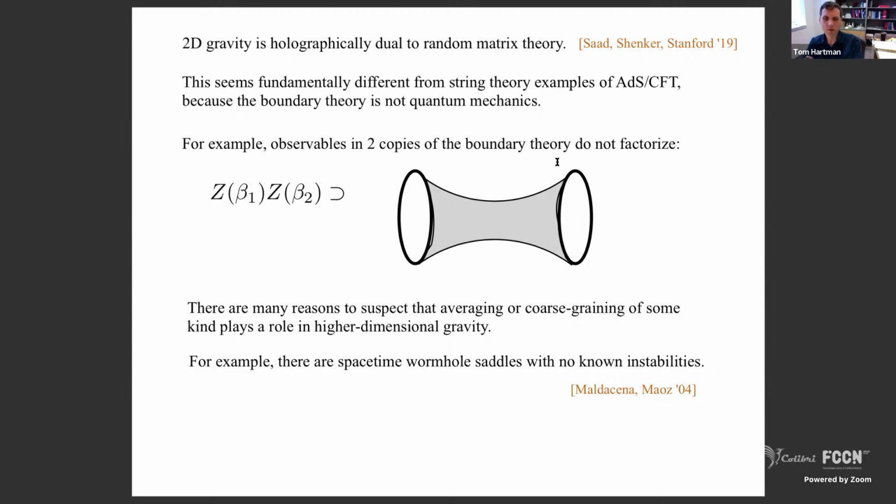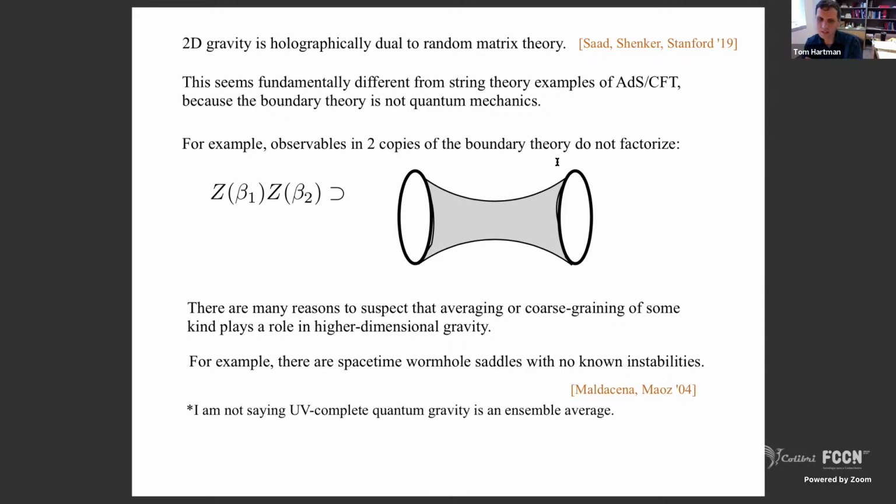For example, there are space-time wormhole saddles with no known instabilities. If anything, the problem is more striking and more clear in higher dimensions where we actually have solutions like this that connect the two sides.